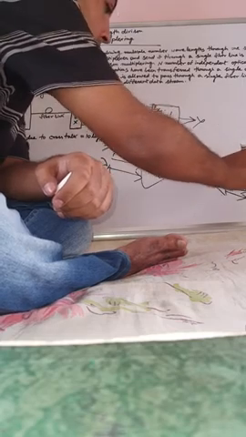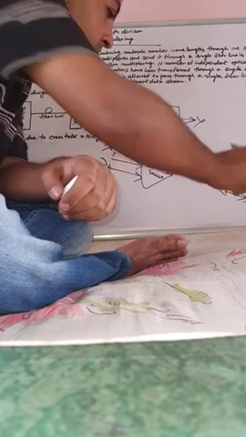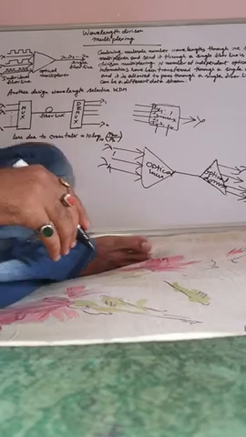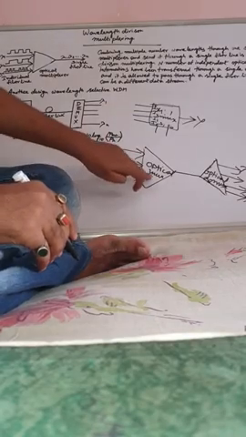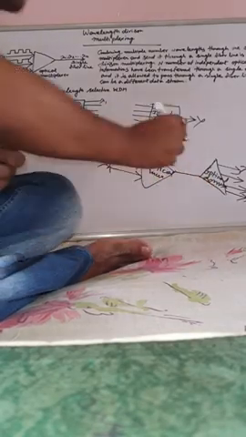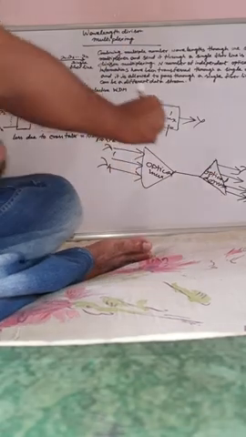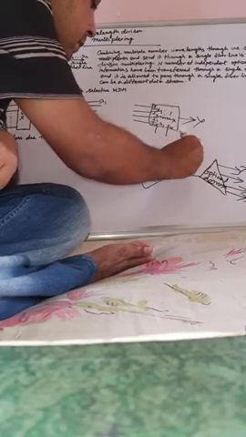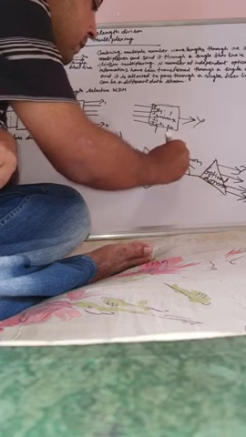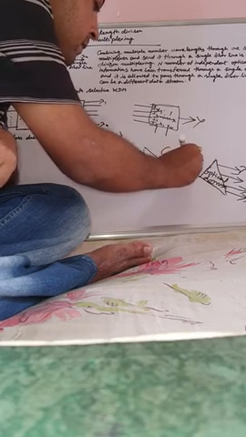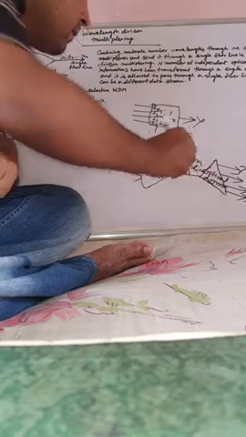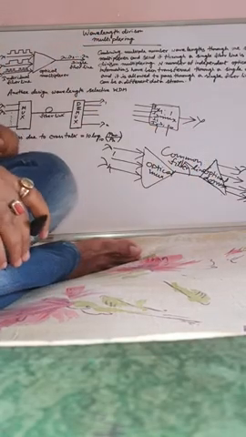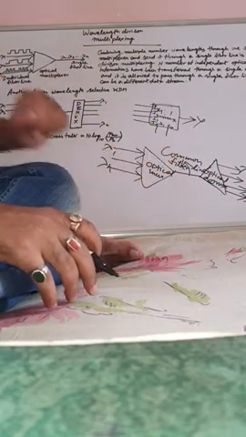So this is lambda 1 to lambda n. This is your optical mux, this is your optical demux. This is a common fiber line.